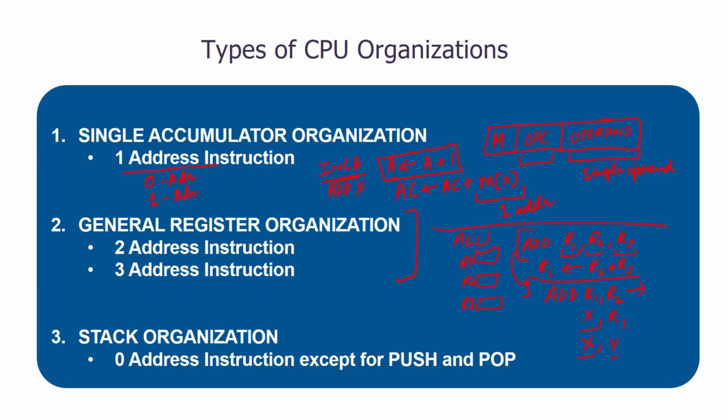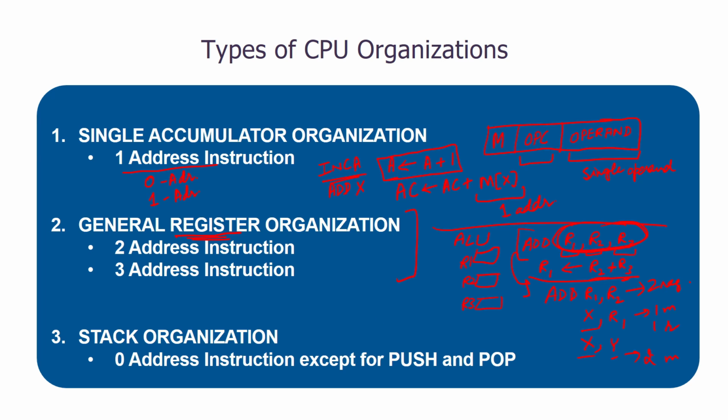So here we have 2 registers, here we have one memory, one register, and here we have 2 memory locations. So using these three registers or the two registers, we have this register organization.